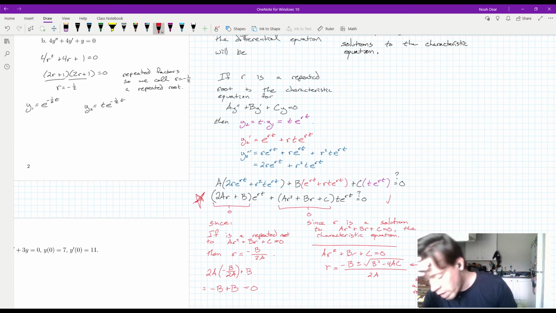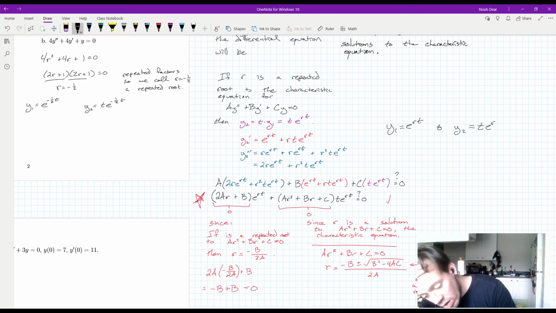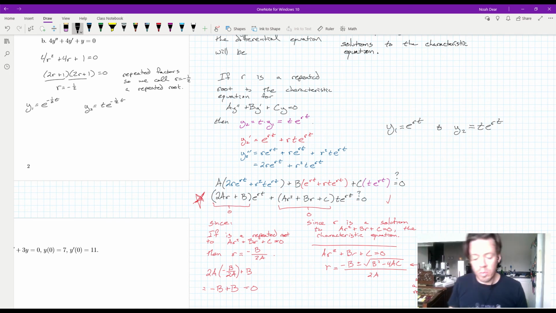All right, one other thing to note is that y1 equals e to the rt and y2 equals t e to the rt are not scalar multiples of each other. I couldn't multiply y1 by just some constant, like 2 or 5 or whatever, and have it be the exact same graph as y2.